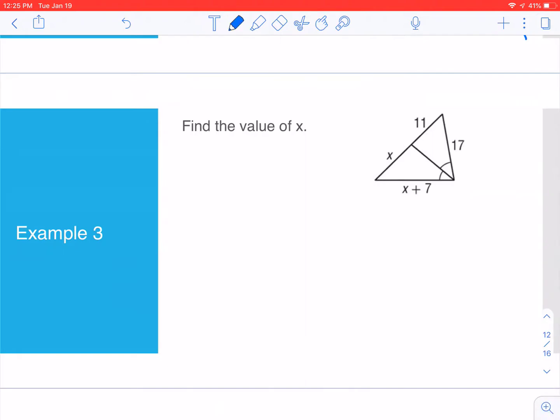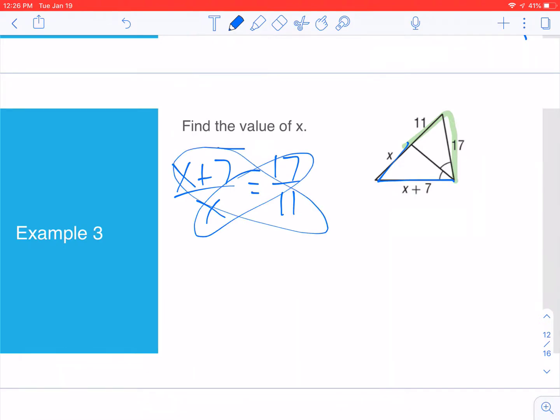Okay, last one. I'm going to take those two, and then I'm going to take those two. So I'm going to have x plus 7 over x equals 17 over 11. Cross multiply. 17x equals 11 times parentheses x plus 7.